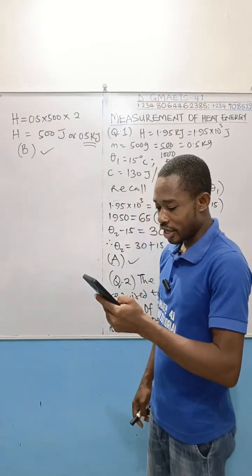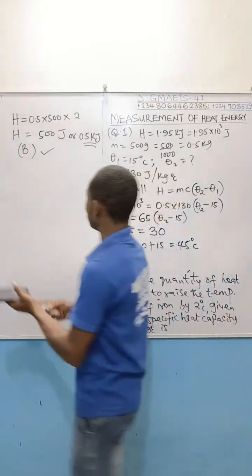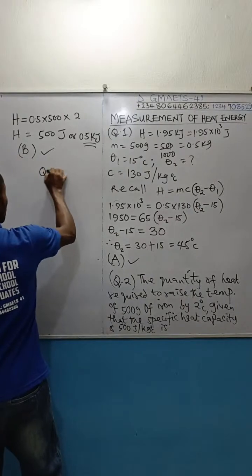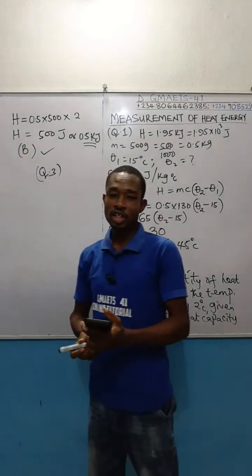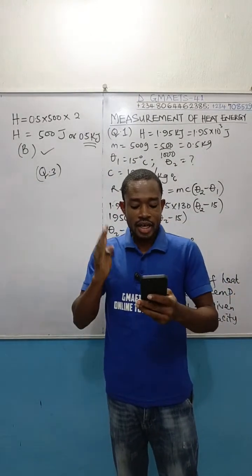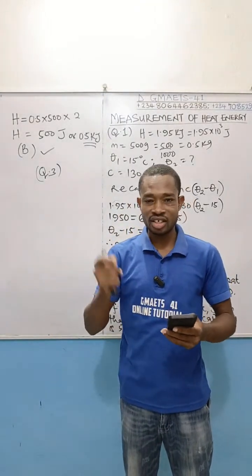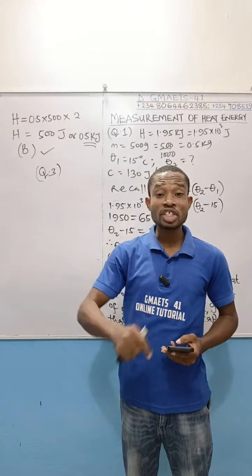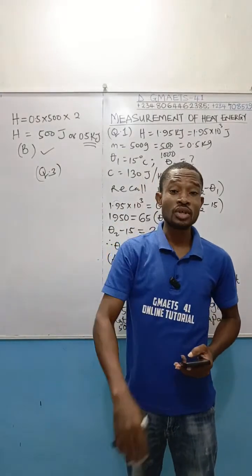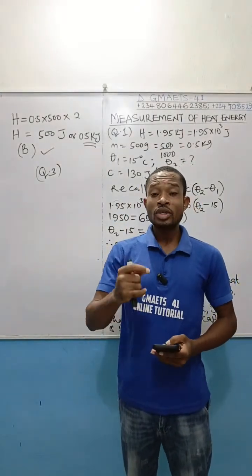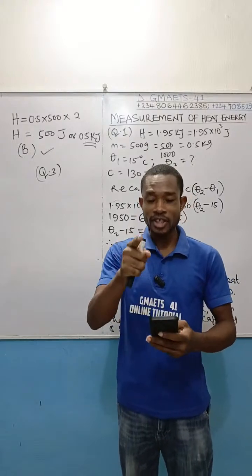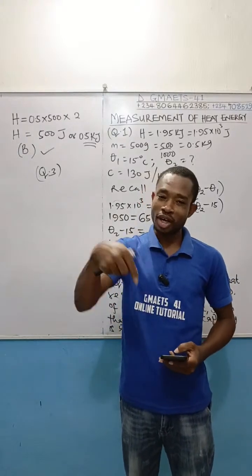Question number 3. It is not calculation, so I'm going to dictate it. Heat energy is measured in. I won't give you the answer. I would dictate the options, then please, someone should drop the correct option.